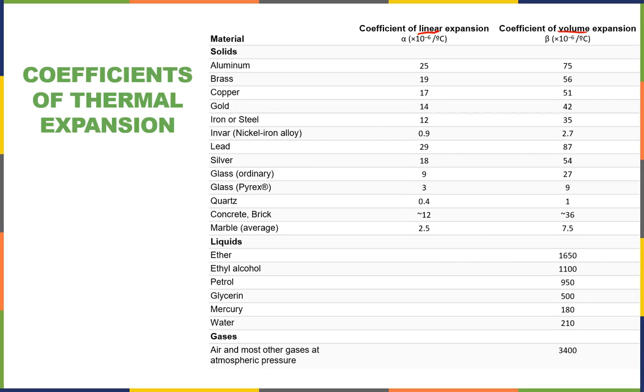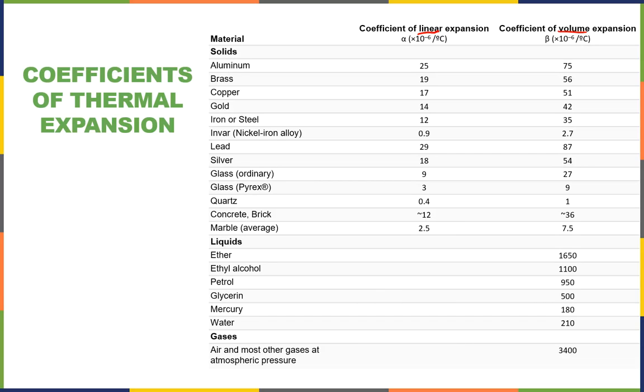So here are some coefficients of thermal expansion. Notice it has coefficient of linear expansion, coefficient of volumetric expansion. So if we have a solid like gold, it has a linear expansion of 17 times 10 to the minus 6. That times 10 to the minus 6 is kind of important. Per degree Celsius. It says per degree Celsius.